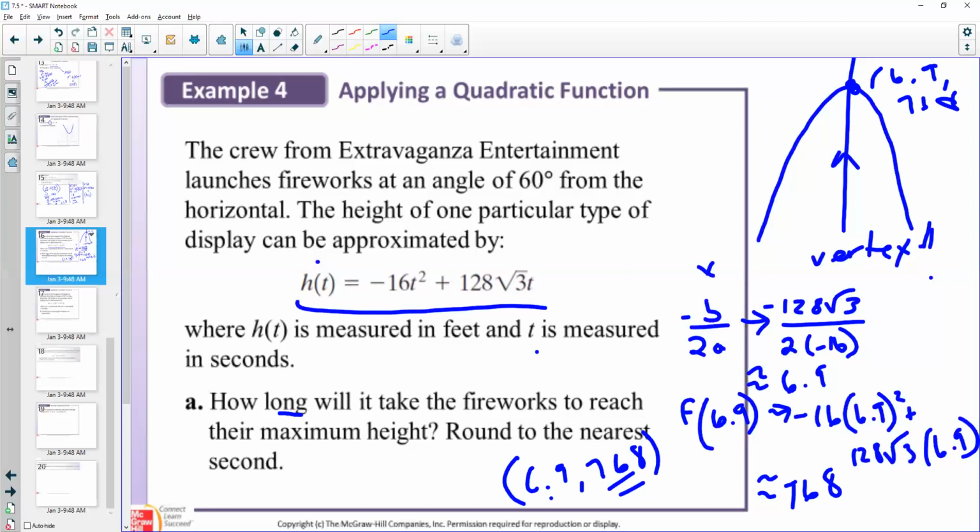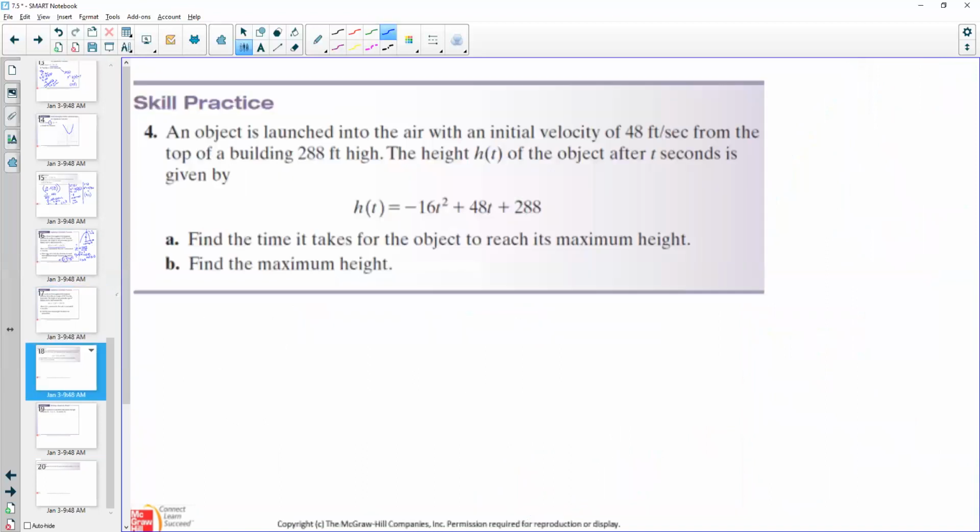The x value is the time. So it's going to be 6.9 seconds. Okay, all right, let's try another one.